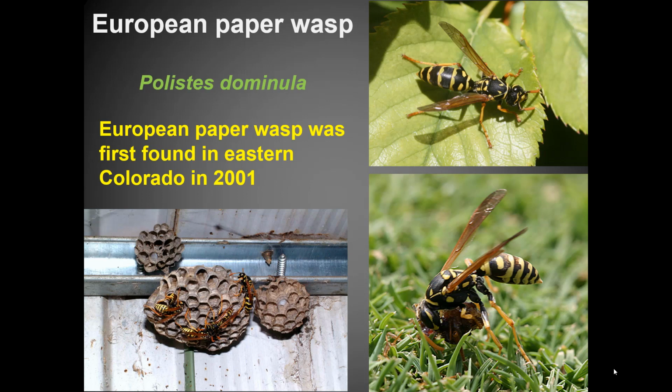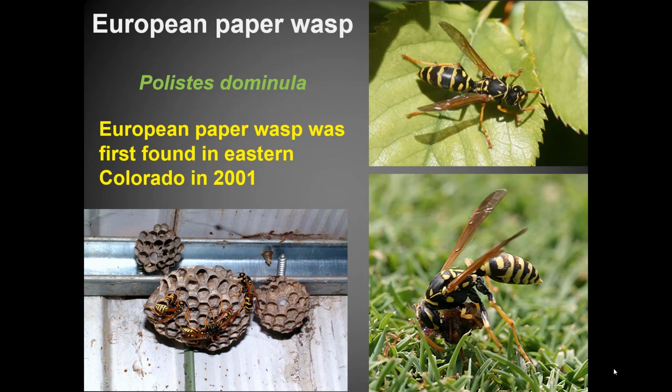And this is now our common paper making wasp. It makes these cells out of paper that are not enclosed in an envelope like a bald-faced hornet would, and you might find them underneath the eaves or in your Weber grill, or all sorts of places, particularly attached to weathered metal or wood.